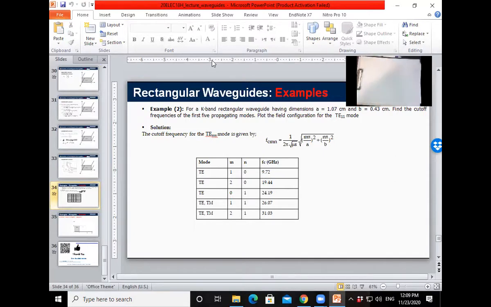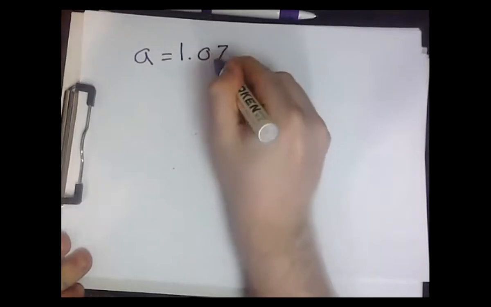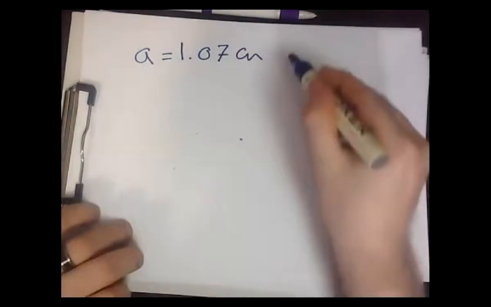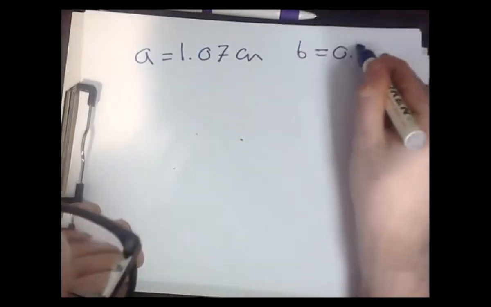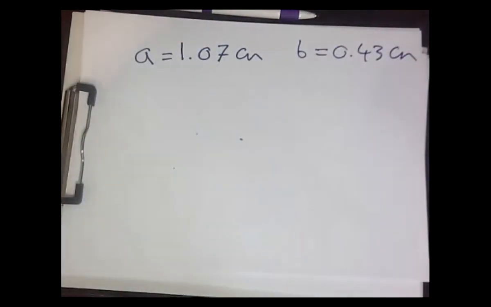Let me stop the screen. So you will say that I have A equals 1.07 centimeter. Let's write B for our knowledge. So B equals 0.43 centimeter. So as you can see, life is easy here.